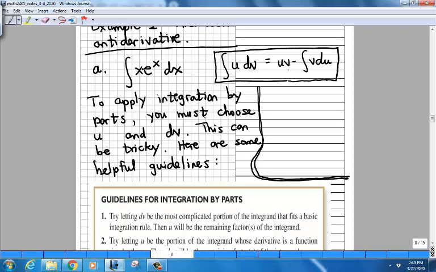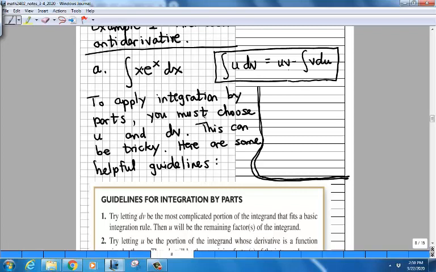That's really the key step of using integration by parts. When you're presented with an integral you want to solve using integration by parts, you have to pick out which part of the integral you're going to call u, and which part of the integral you're going to call dv.